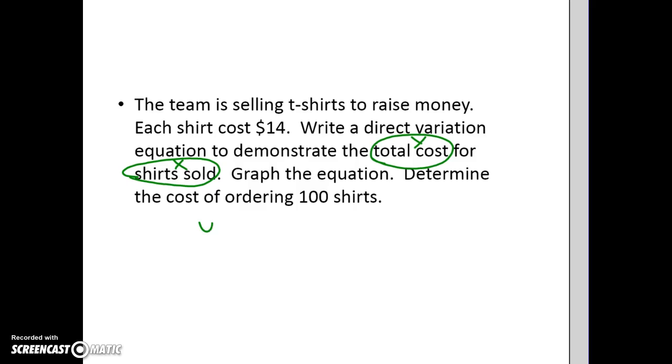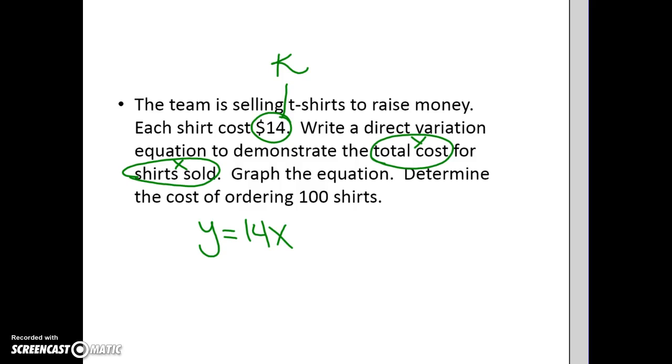So I know that y equals something x. How much does each shirt cost? $14. There's my k. y equals 14x. To graph it, I'm not going to graph it because I'm wanting to finish my video here.